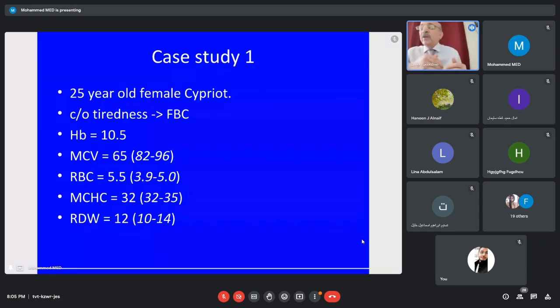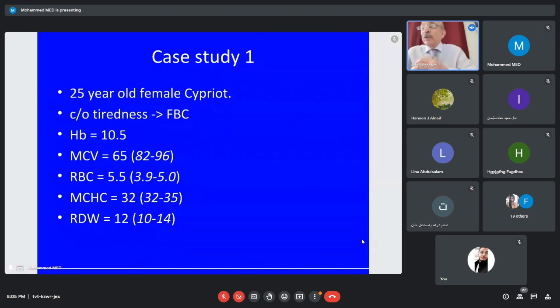Hypochromia means less hemoglobin. Okay, so that's why the name is microcytic hypochromic. Call it this way. Don't say hypochromic microcytic. No, microcytic hypochromic. This occurs in iron deficiency anemia, but it occurs in thalassemia as well.